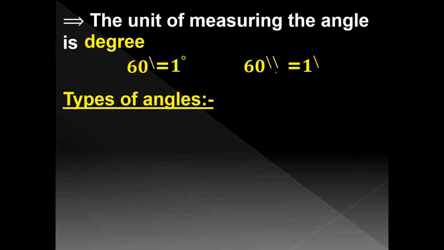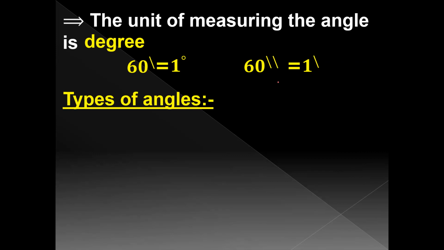So if we have a measure of angle like 82 degrees and 60 minutes, it will be 83 degrees. Why? Because 60 minutes equals 1 degree, so it will be 83 degrees.